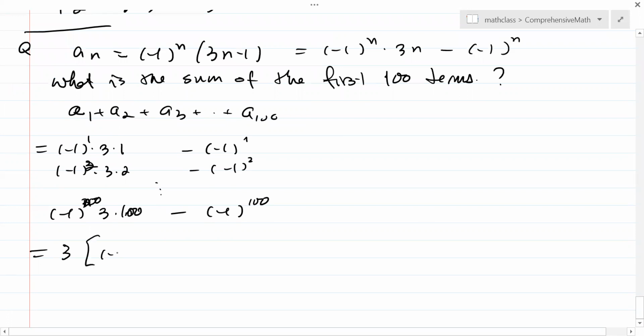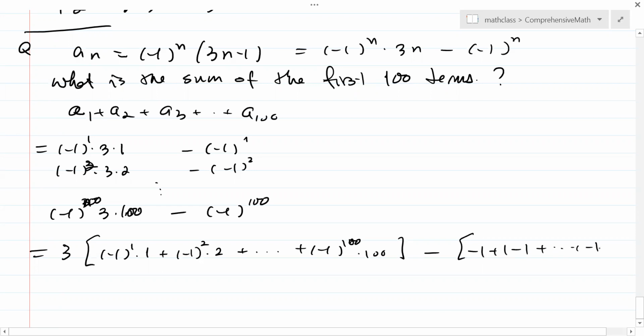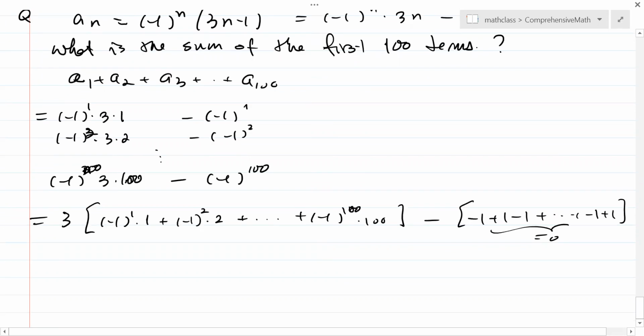So what you get here is negative 1 times 1, and negative 1 square times 2, and keep it going. The last one is negative 1 to the 100 times 100. Now, here it's alternating, right? Negative 1 plus 1, negative 1 plus 1, and so on. So this is immediately equal to 0 because it's alternating. But here, it's not alternating, but you still group them pair by pair, right?